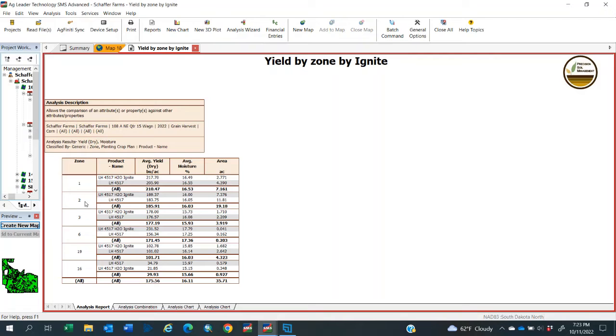Now, zone 2, zone 3 show an increase with the water and Ignite, but it's not as dramatic as the soil type zone 1. Here it is, 5.6, 5.5 bushels.